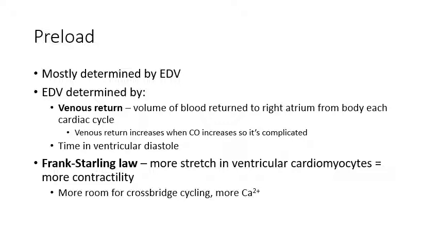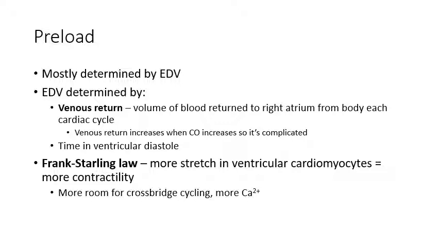The EDV is determined by how much blood entered the ventricles during ventricular filling, which came from the atria, and how much blood you have in the atria is determined by venous return, which is how much blood is going back to the heart from the body. Specifically, venous return is referring to the right atrium, but since the two sides of the heart should be synchronized, it should be the same for the left atrium as well.